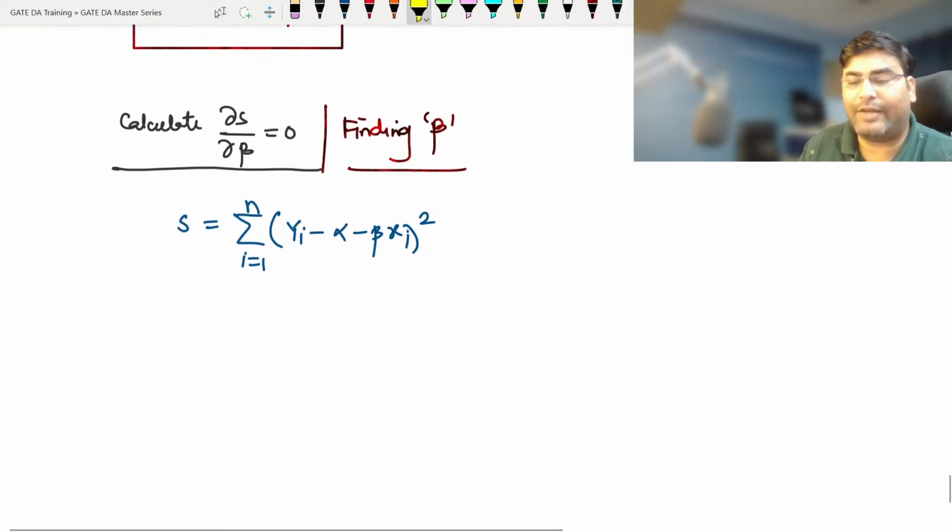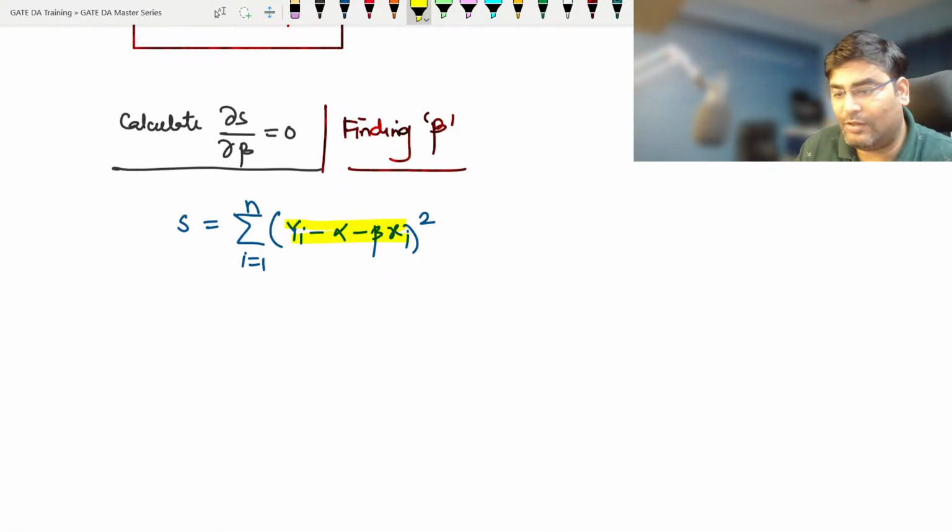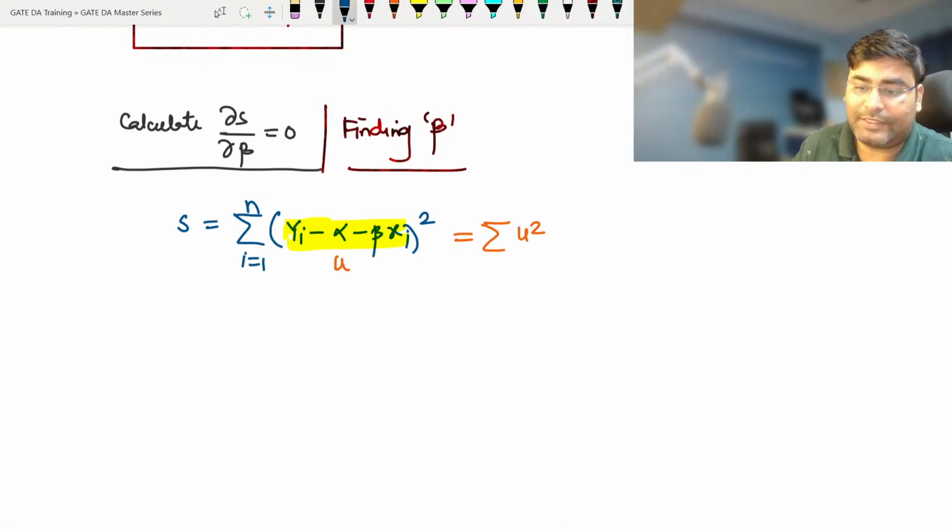To make it simple for everybody, what I always do, I call this internal guy u, so it becomes u square. I'll drop sigma i now. It will be written as simply u square. So now if you differentiate del S by del beta equal to 0, then by chain rule, del S by del u into del u by del beta.